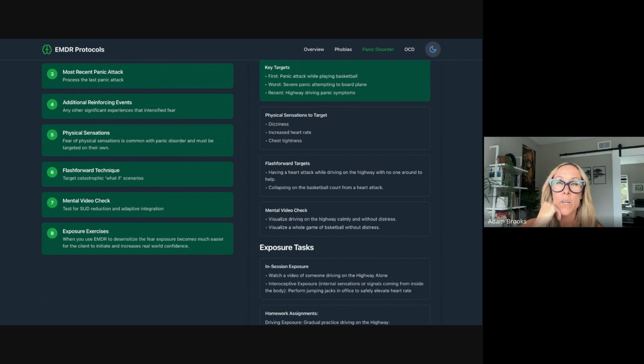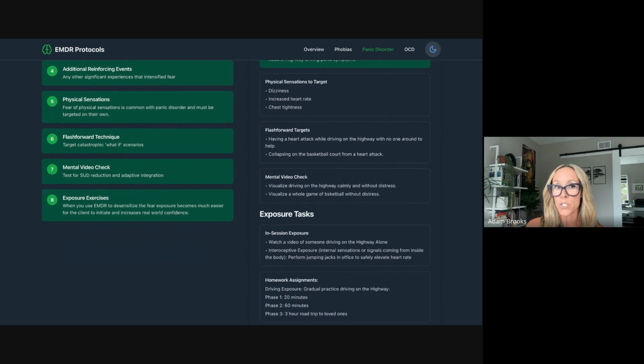And so folks will start to avoid anything associated with that panic, which then reinforces the fear, and it will increase the frequency and the likelihood of having more panic attacks, right? So it's the fear of the panic itself. So you definitely want to reprocess the physical sensations for panic disorder.